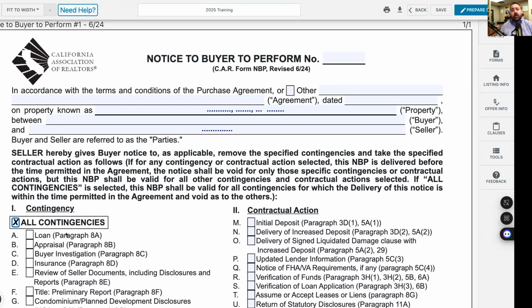So if you are a buyer's agent and you get a notice to perform and the seller happens to not cancel after that performance date has come and gone, don't feel like, oh, they have to restart the whole process. It's not like evicting a tenant. I don't have to restart the process. I could cancel at any point.